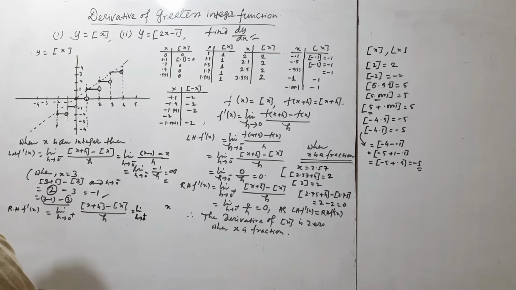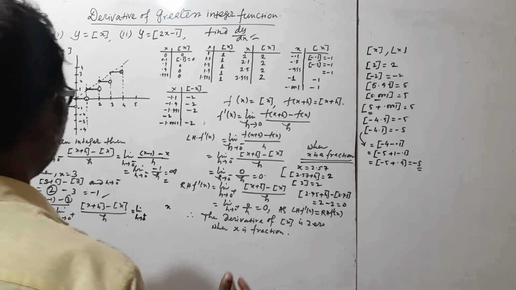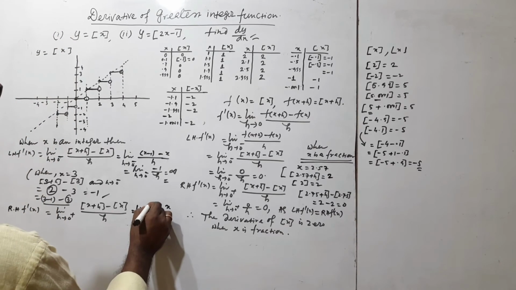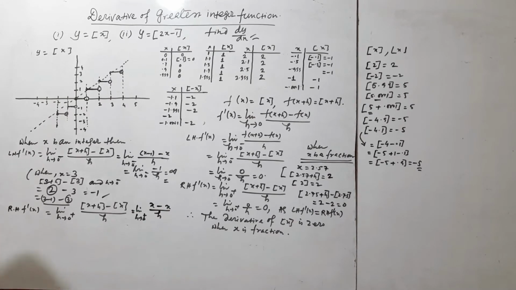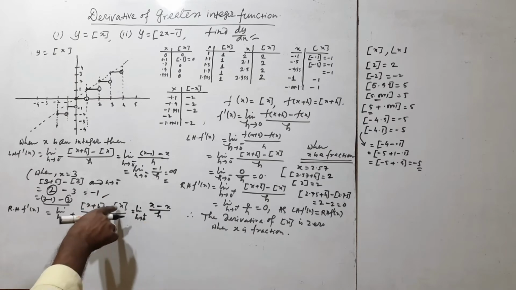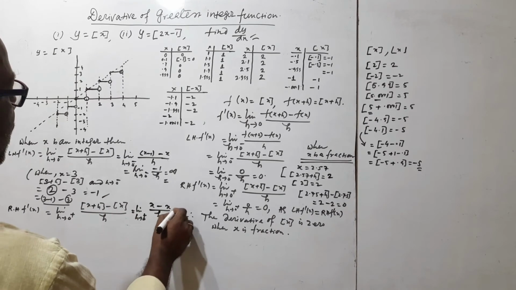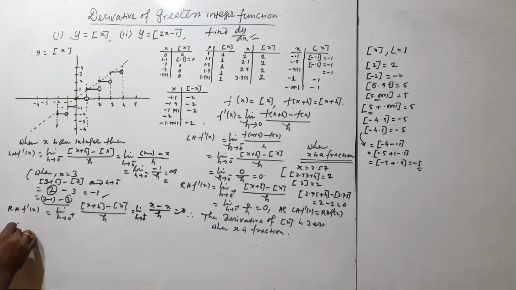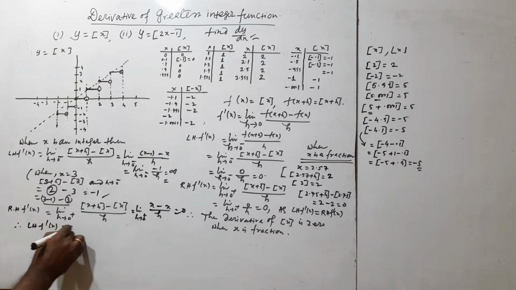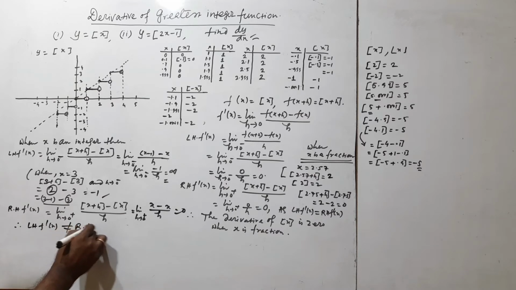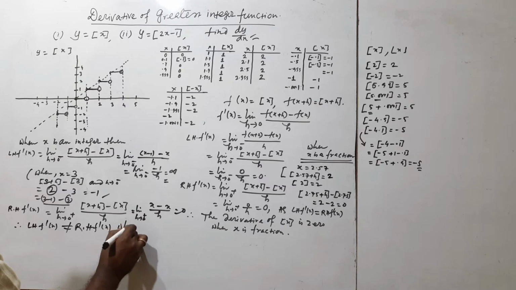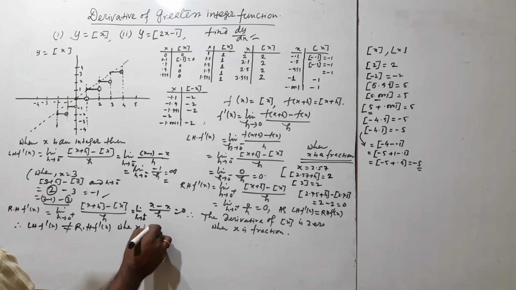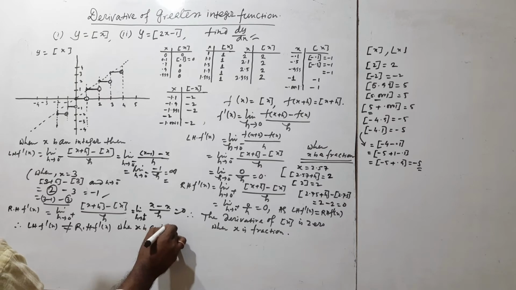So x plus h, plus something, is still x in the box. For example, if x is 2, then 2 plus h means box is 2, so 2 minus 2 is 0 here. Therefore, the left hand f dash x is not equal to the right hand f dash x when x is an integer.